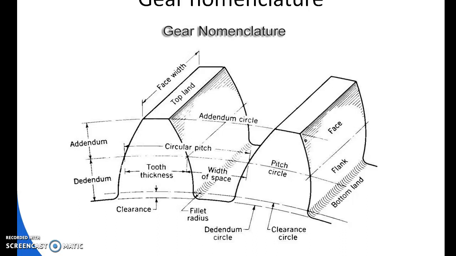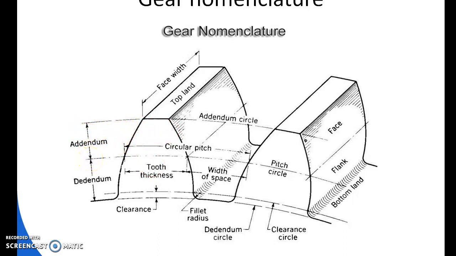Then we will see the addendum. Here we can see the addendum. It is the radial distance between the pitch circle and the addendum circle. Here this is our pitch circle and this is the addendum circle.